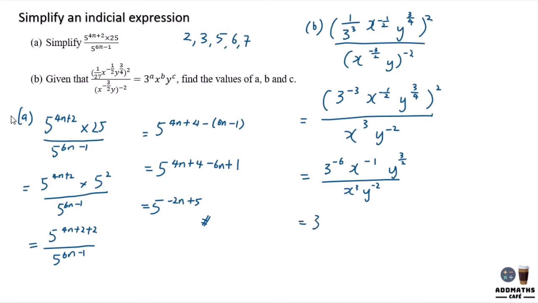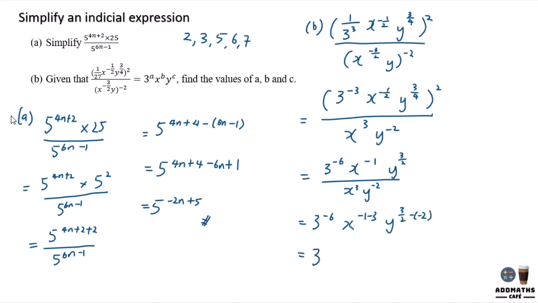And in this case, this will be 3 to the power of negative 6, x to the power of negative 1 divided by x to the power of 3 will minus 3 given here, and y to the power of 3 over 2 minus negative 2. So this will give you a positive answer.